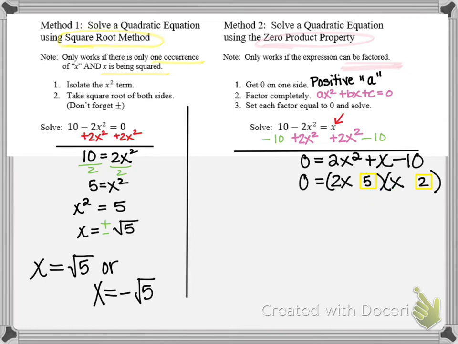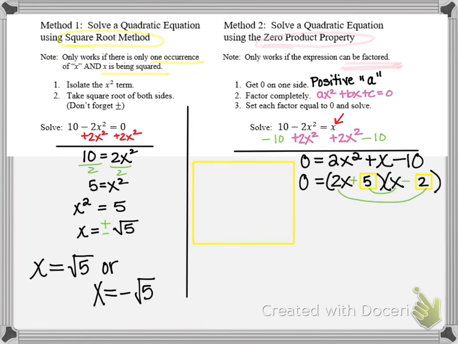Let me show you that one more time. The outside terms will become 4x, and the inside terms will become 5x. But remember, I just want that to add up to 1x in the middle. So if the 5x was positive and the 4x was negative, I could get it to add to 1x in the middle. So it needs to be 2x plus 5 and x minus 2.